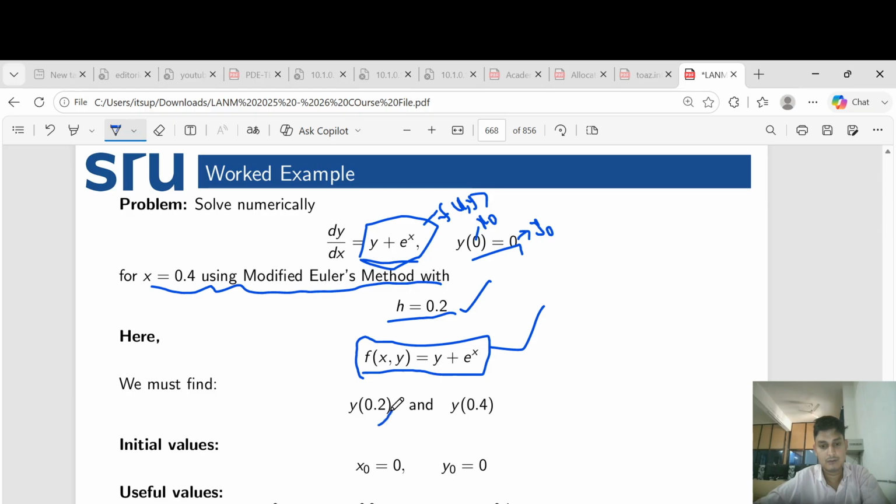So we must find y at 0.2 and y at 0.4. The initial values are x0 = 0 and y0 = 0.